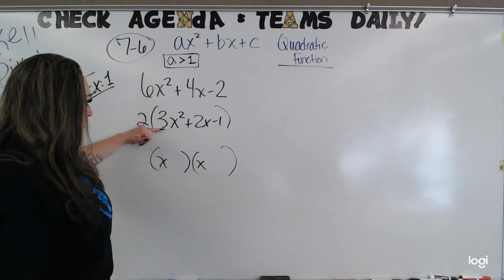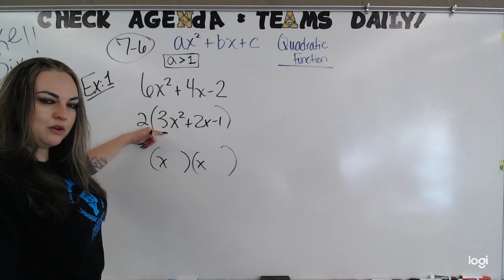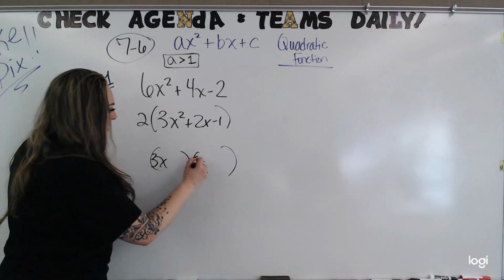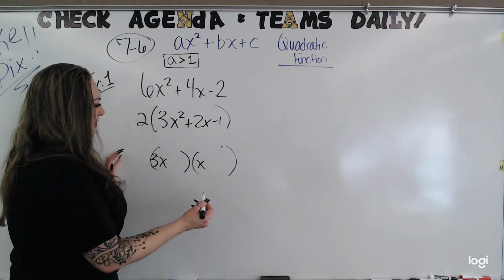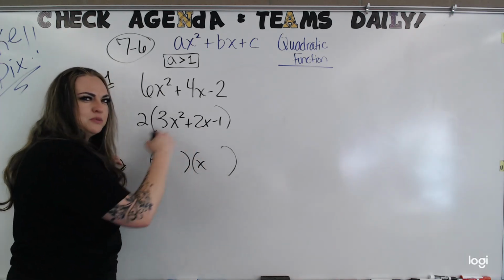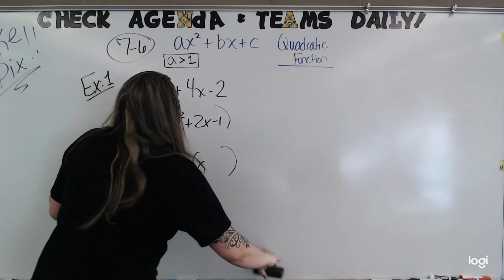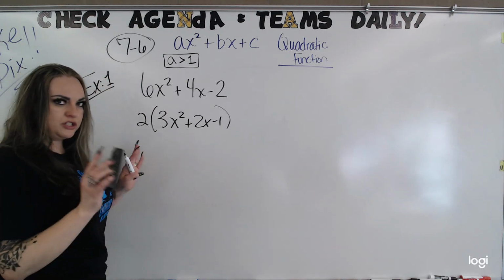We need a coefficient that's going to be 3. And so then the question is, well, does that end up going here? Does it go here? Does it matter? Then how do I get the rest of these now that I'm multiplying everything times a 3x? So this is why we don't want to do that.